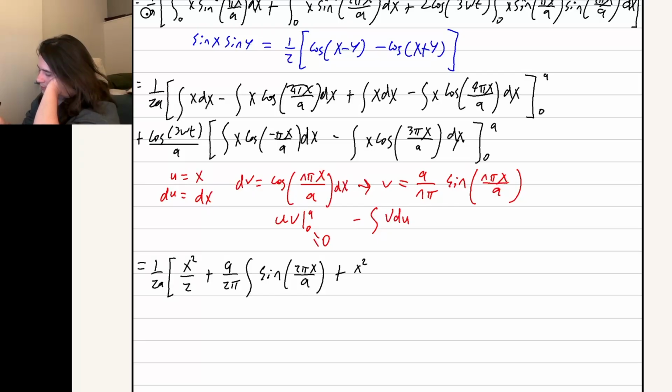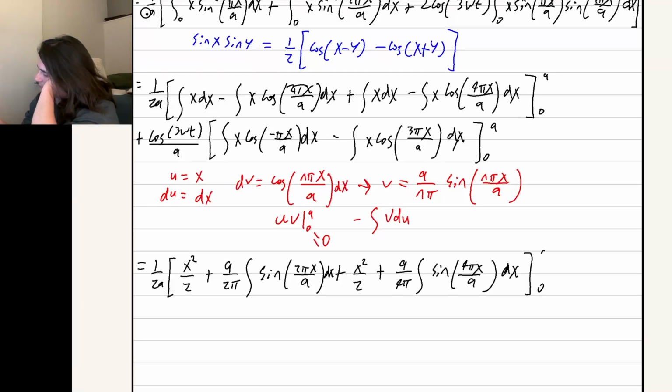We have another x squared over 2. We have another plus, but it's a over 4 pi now, times the integral of sine 4 pi x over a dx. There's supposed to be a dx there. All from 0 to a.